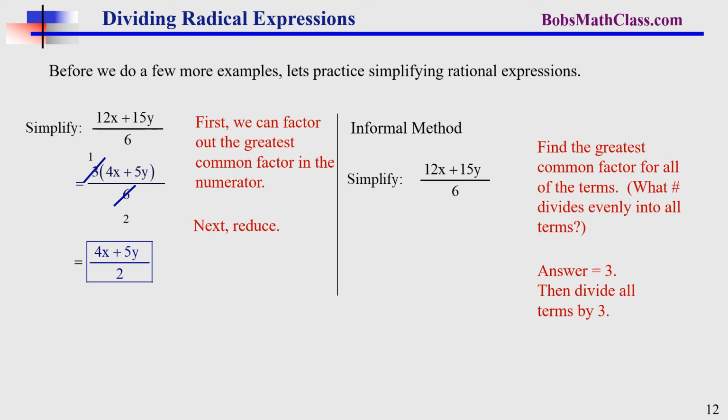We're going to divide all of them by 3. So 3 goes into 12. That would be 4 times. 3 goes into 15 5 times. And 3 goes into 6 twice. So now we have the same answer. So it's not really proper, but it's true. It works.